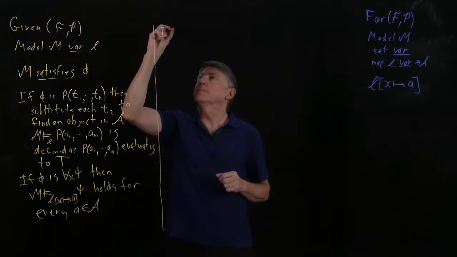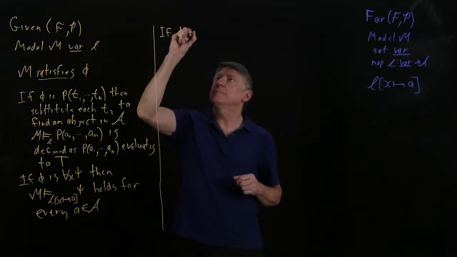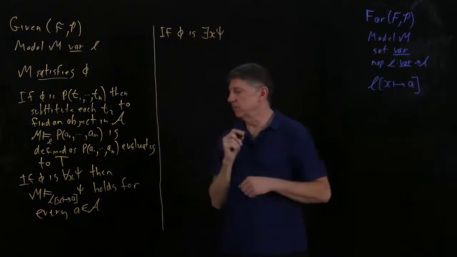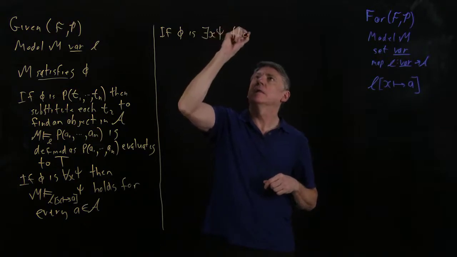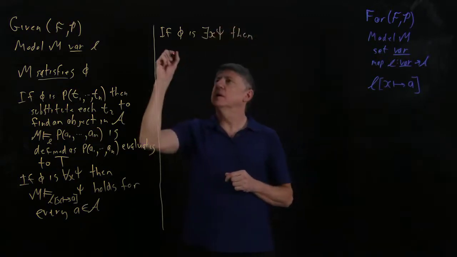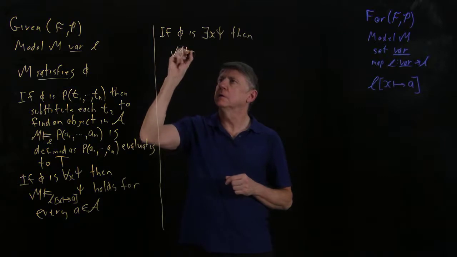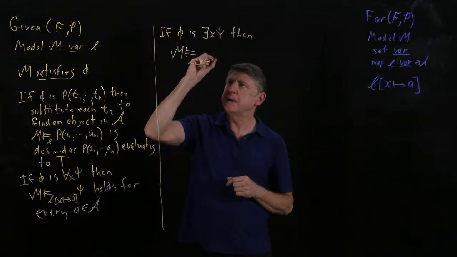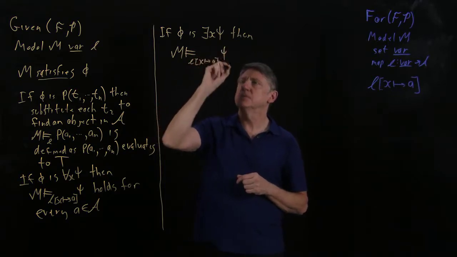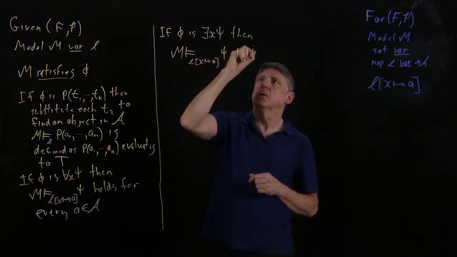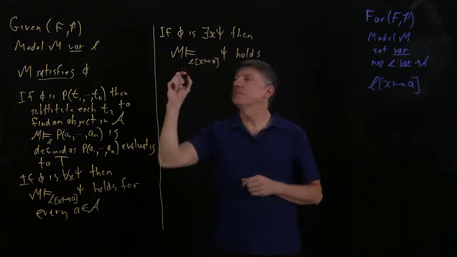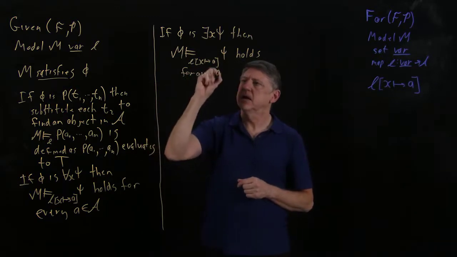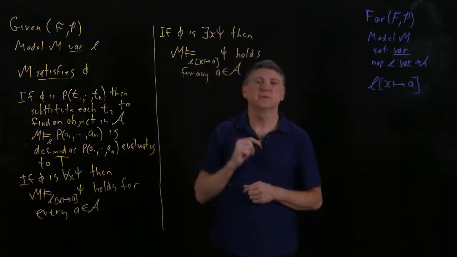Now, if the formula is there exists x of some formula psi, then we'll say that the model satisfies it using a lookup of x mapped to A, and psi holds for some A that is in the universe of discourse.